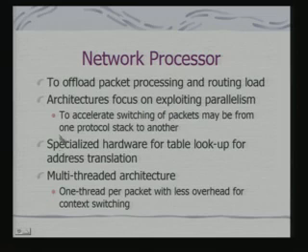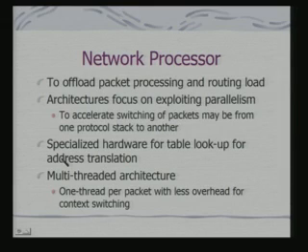So, the basic objective is to exploit parallelism to take care of this need. One very important part of routing is table lookup for address translation, because on the basis of the address you need to know where the packet is to be sent next.